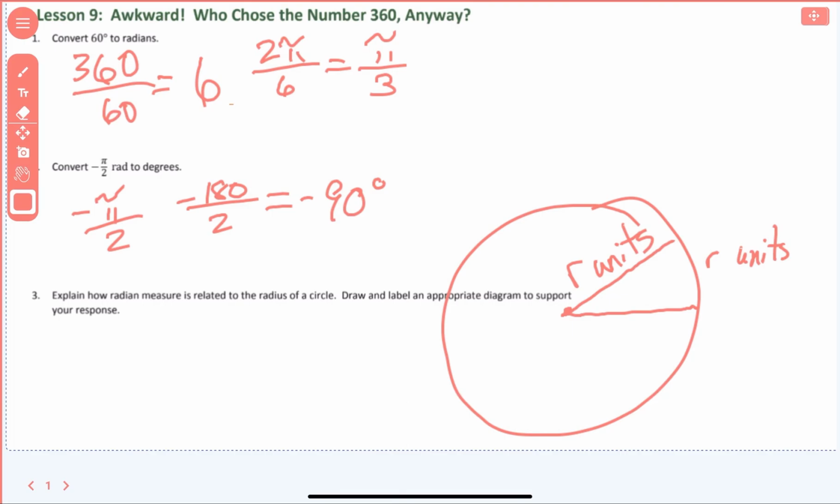And when the radius and the arc are exactly the same, that is equal to 1 radian, not radius. So when these two are the same, you have 1 rad. That's what that's asking.